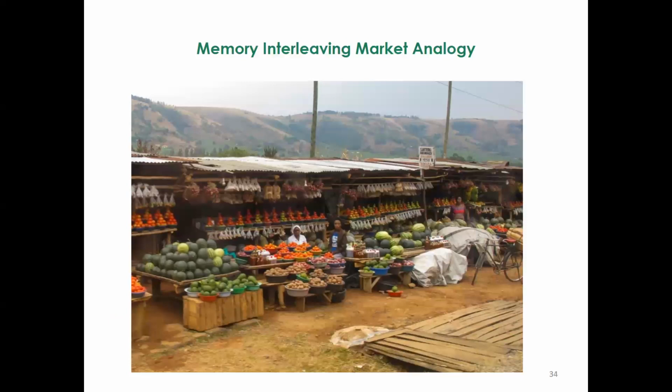So we want to start with a simple analogy that we are probably all used to, to help us understand how memory interleaving really works. Imagine the concept of a market that we're all used to, and you can have two main variations of the market.